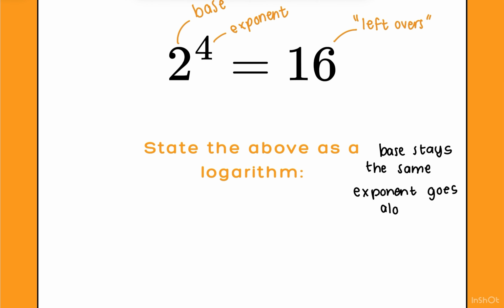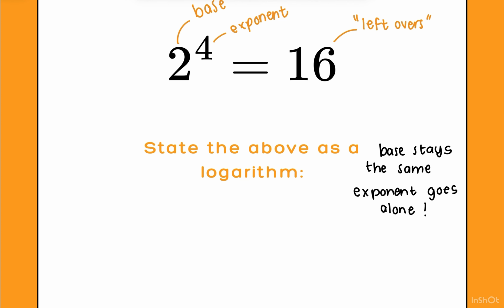If you remember this rule, you will be okay when it comes to logarithms. But that's just changing it from exponential form to log form. You still need to learn the rules in order to simplify it further.